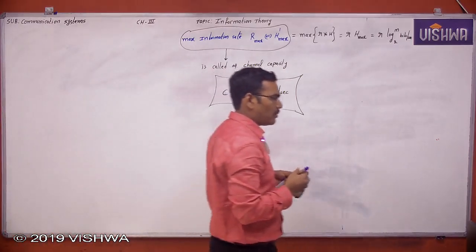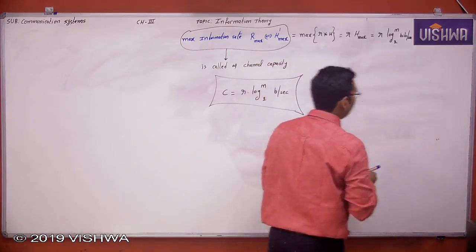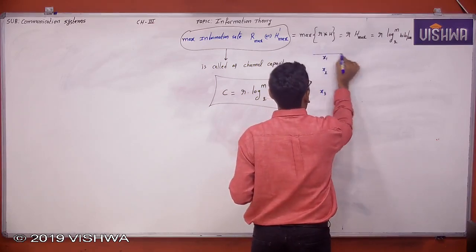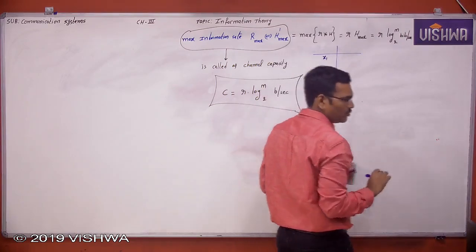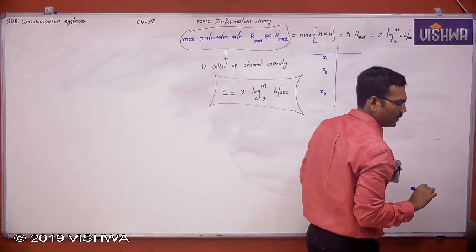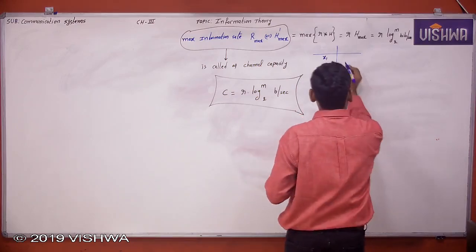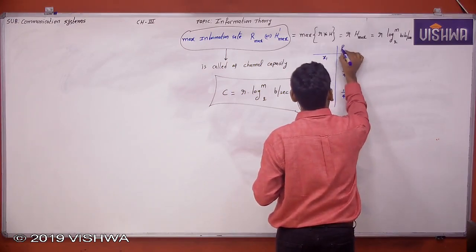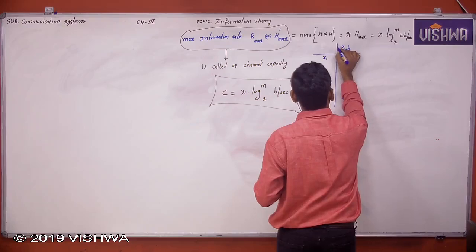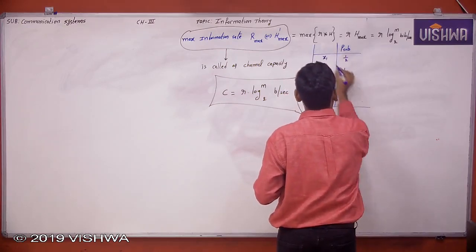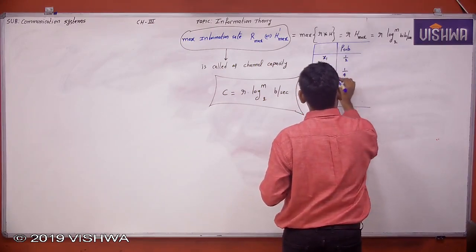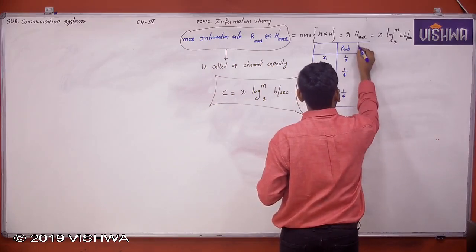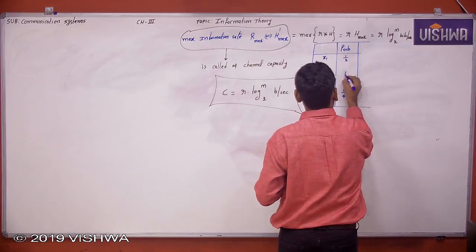Now we will solve a small problem. A discrete source generates three symbols x1, x2, x3 with probabilities 1 by 2, 1 by 4 and 1 by 4.